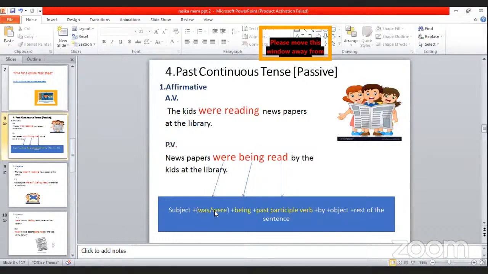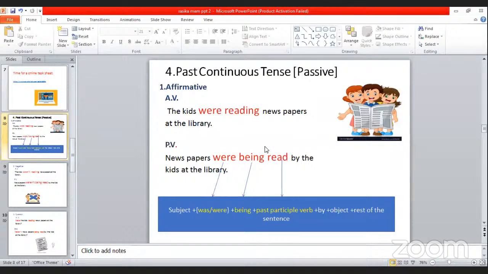Now we have to select the be verb according to the structure. Newspapers. Is it singular or plural? It's plural. So newspapers were. And we can't forget the being. You have to get the being from the structure. Our sentence is okay up to here.